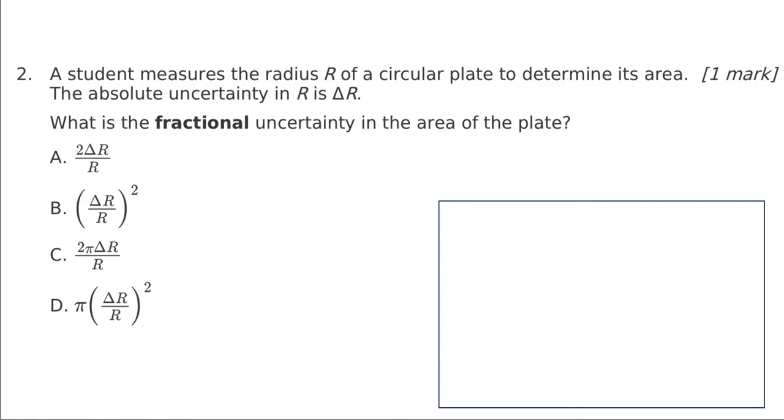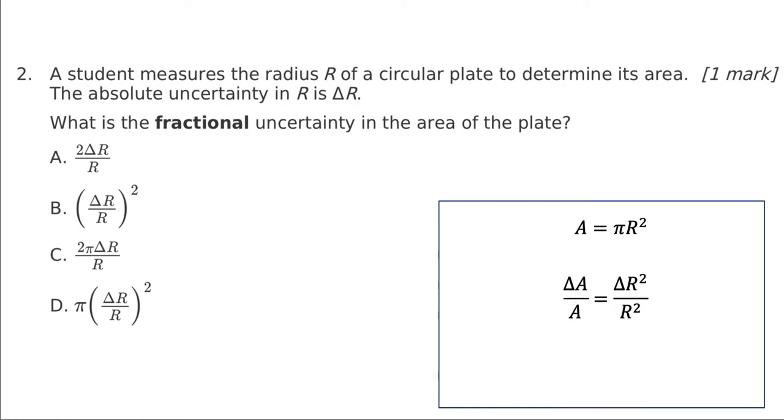We're now measuring the radius of a circular plate. We've got r and we've got delta r, and we're asked what the fractional uncertainty in the area of the plate is. Remember, fractional and percentage uncertainties are really interchangeable terms. We know that area is pi r squared, and again, area is going to have an uncertainty, but pi itself does not.